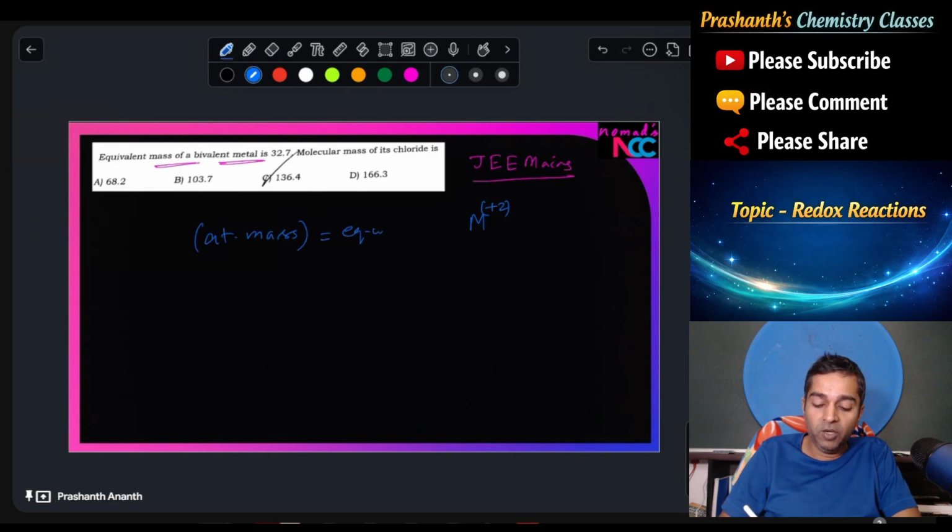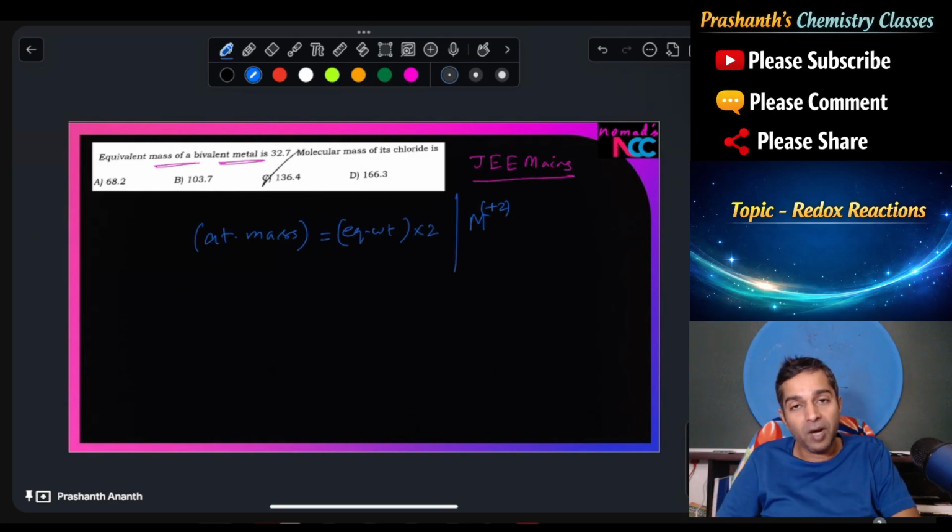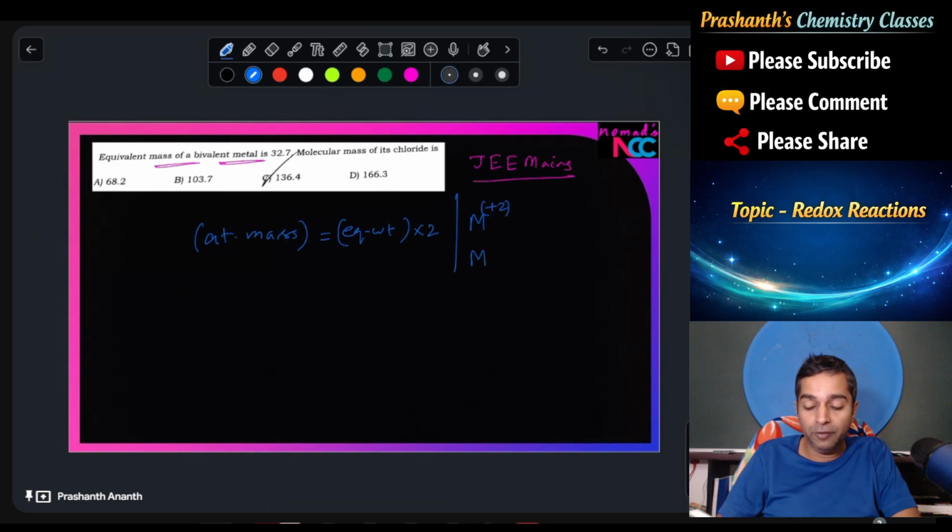So the equivalent weight multiplied by 2 is actually going to be the atomic mass of the metal over here. And when you're considering the metal chloride formula, it will of course have a formula of MCl2. Why will it have a formula of MCl2? Simply because chlorine is always going to be present in the form of chloride with a metal, and in the chloride ion, chlorine is going to be having -1 oxidation state over there.